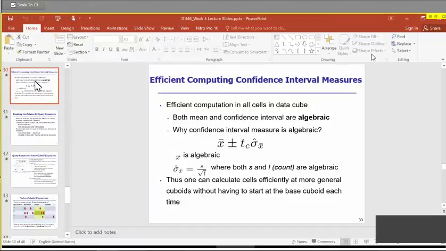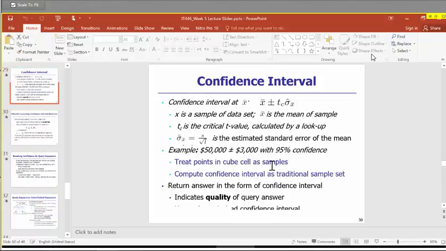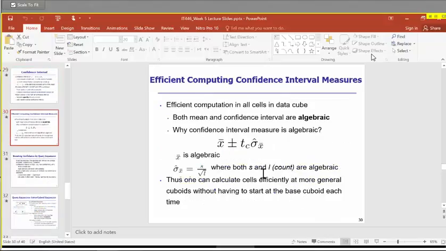Okay, so if you remember, we were discussing data cubes, and the last topic was the confidence interval. A confidence interval is anything which looks something like this, as we had seen in the example, which has a plus minus sign.